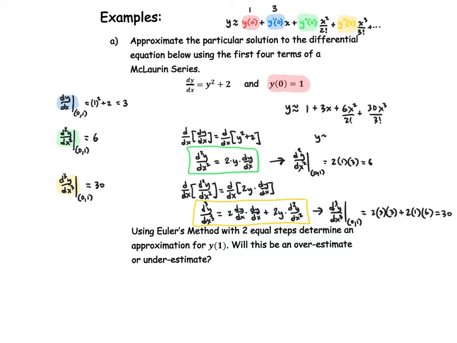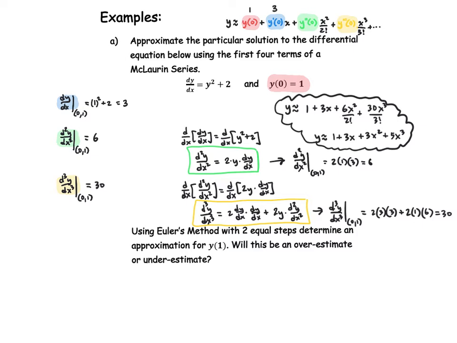If I wanted to simplify that, I actually could quite nicely. That would be 1 plus 3x plus 3x squared plus 5x cubed. And right there, in either of those two forms, would be an approximation in polynomial form of the solution to the differential equation.